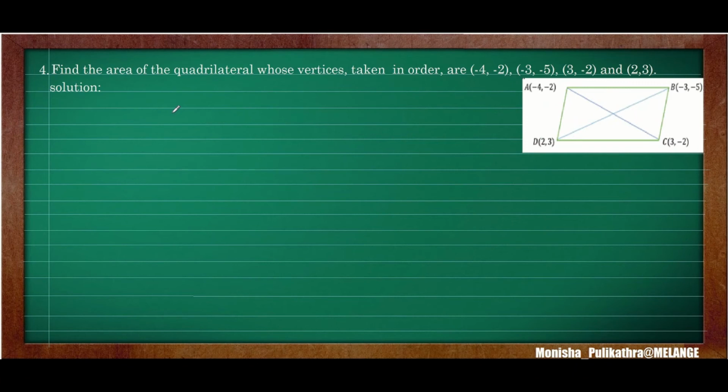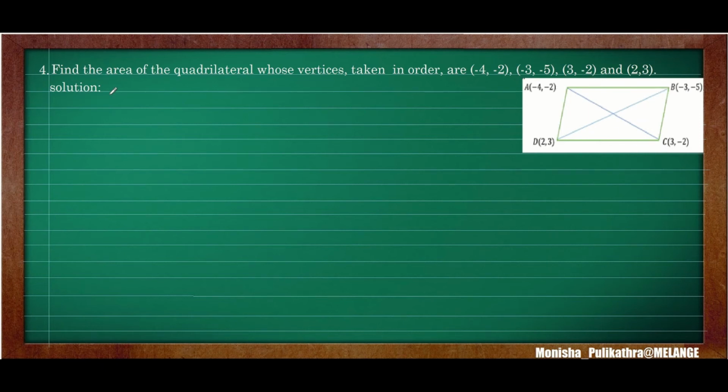Moving on to the fourth problem. The fourth problem is we need to find the area of a quadrilateral whose vertices are given A, B, C and D. So in order to find this, we need to separate it as two triangles. One is triangle ABC and another one is triangle ACD. So when we add up the areas of the two triangles, then we get the area of the quadrilateral.